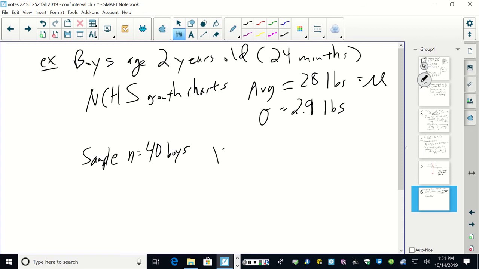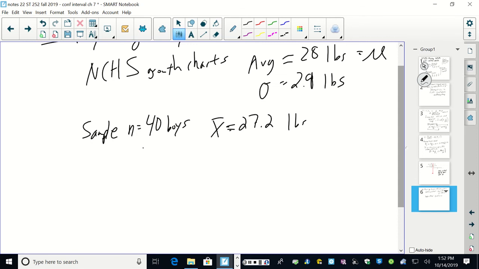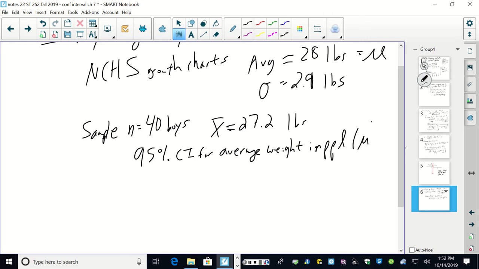Boys, and you calculate an average of 27.2 pounds. What's a 95% confidence interval based on our sample? A 95% confidence interval for average weight in the population, so looking for that average mu.